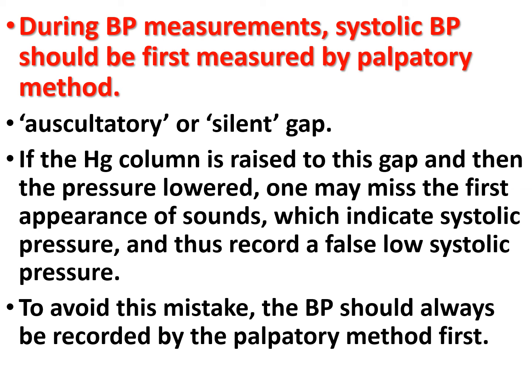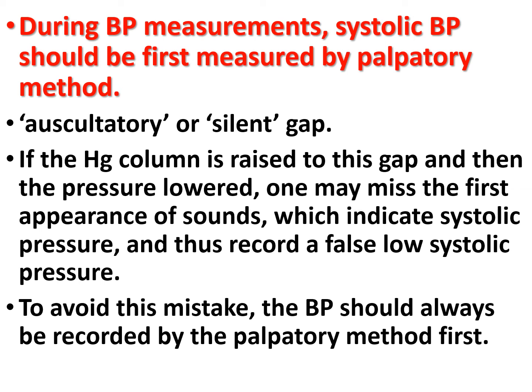This brief interruption, which may range from 40 to 60 millimeters of mercury, is known as the auscultatory or silent gap. If the mercury column is raised to this gap and then the pressure is lowered, one may miss the first appearance of the sound, which indicates the systolic pressure, and thus record a falsely low systolic pressure.